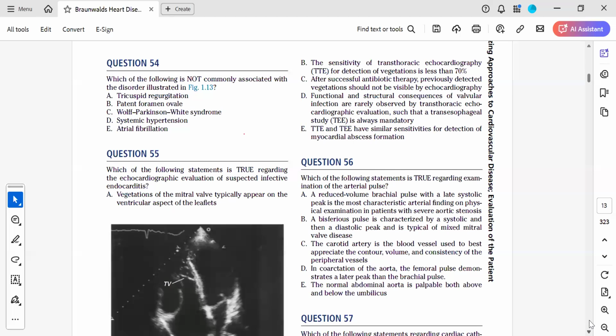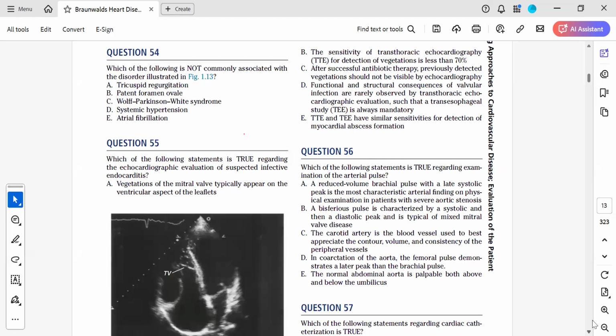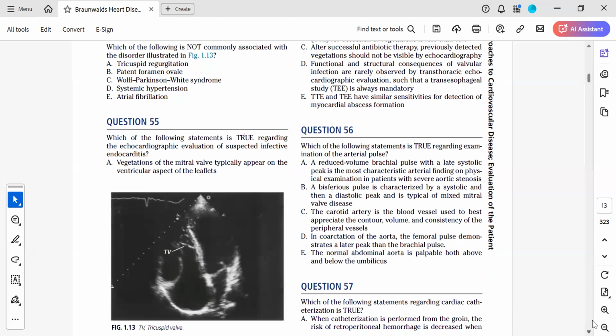And the leaflets of the tricuspid valve are elongated. There's also poor coaptation of the tricuspid valve. And then obviously the right atrium is larger than even the right ventricle.